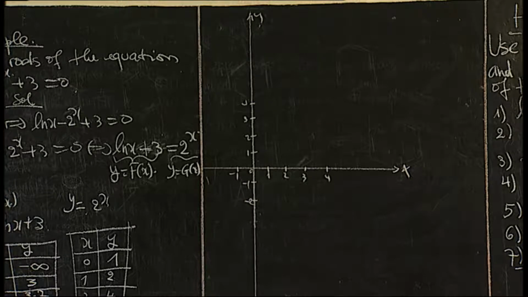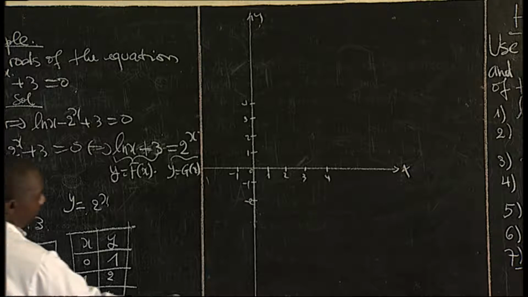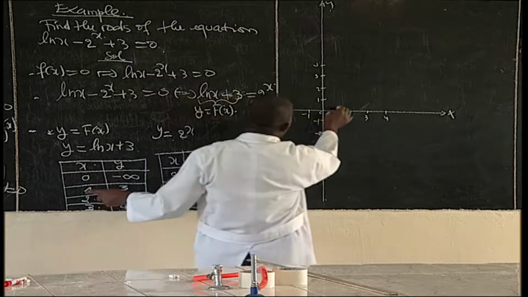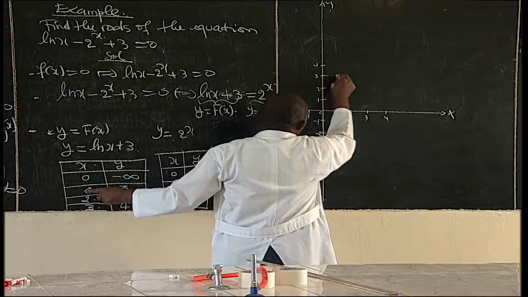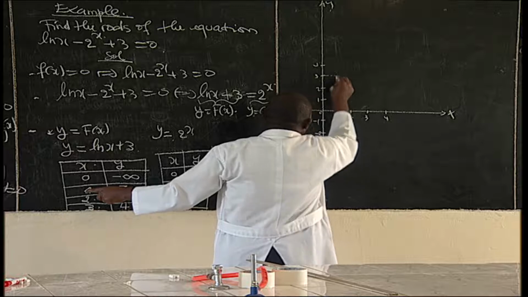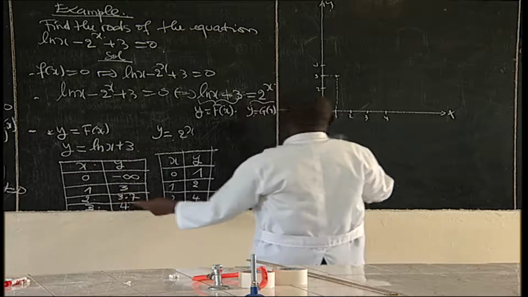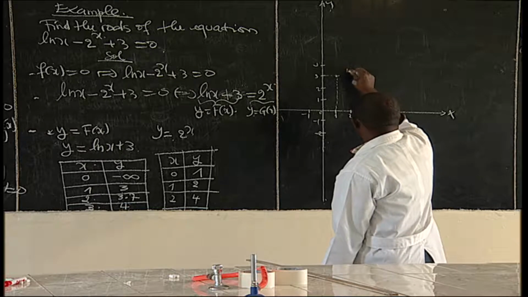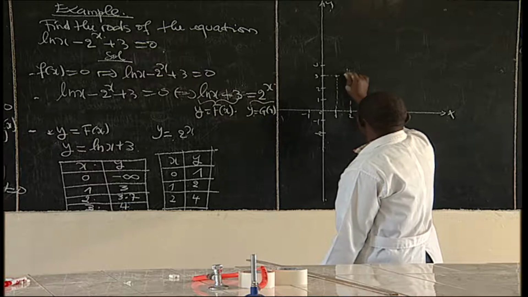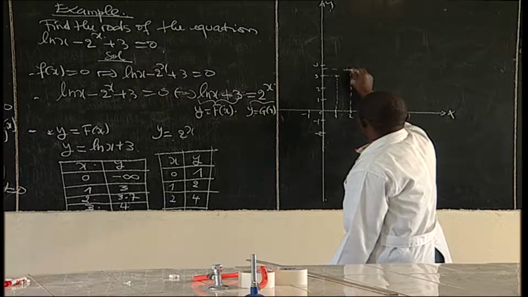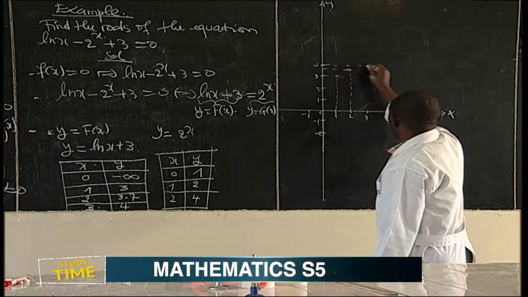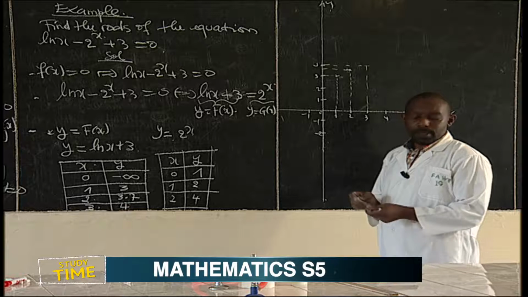Then my function is increasing from negative infinity down there, passing through (1, 3), then (2, 3.7), then (3, 4). Are we together?